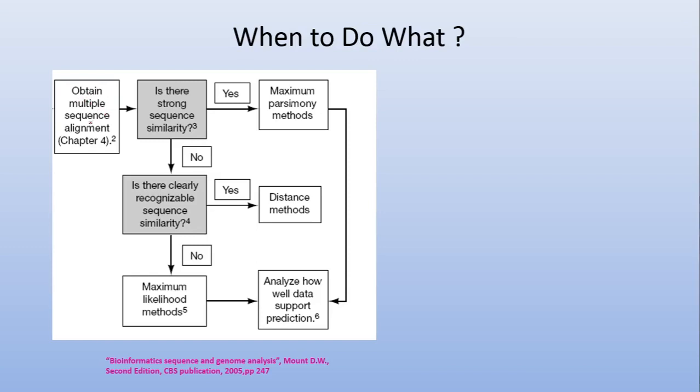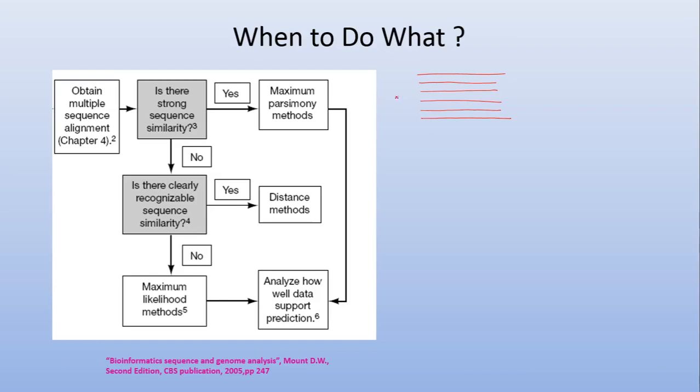Once you have your multiple sequence alignment, based on the data present in it, you need to make a decision as to what type of tree reconstruction method needs to be implemented for drawing the tree.